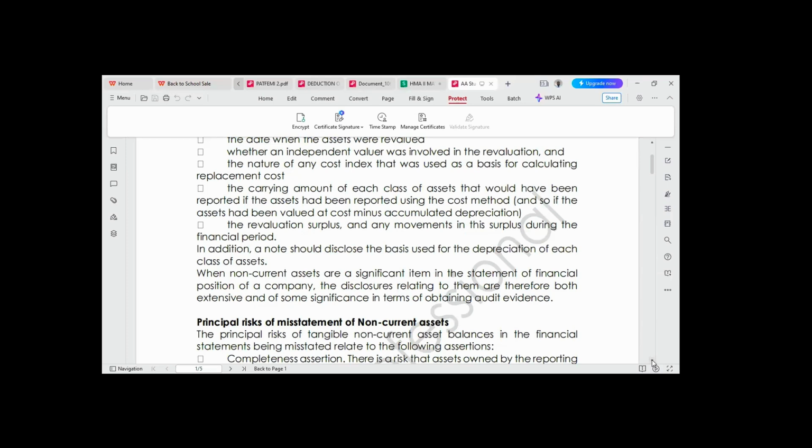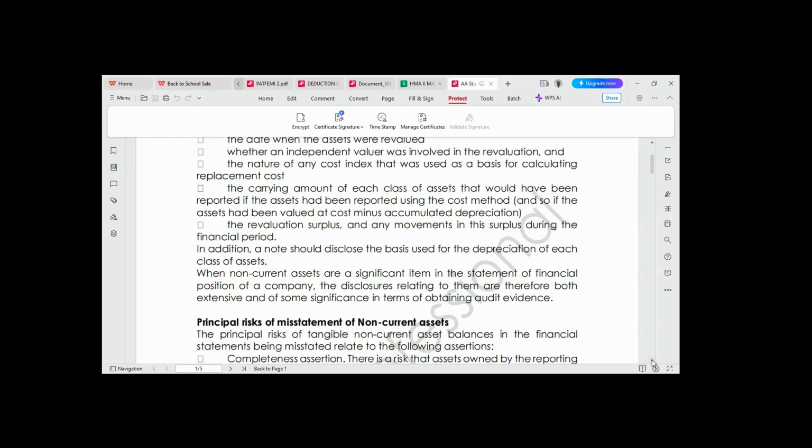Now, what you need to note is that when you have non-current assets in your books, they are subject to what we call inherent risk. So how do you ensure that whatever value or balances you have in your financial position is actually the accurate amount?